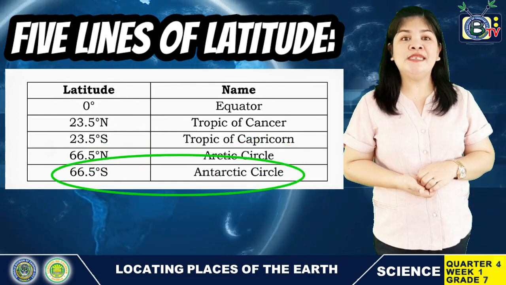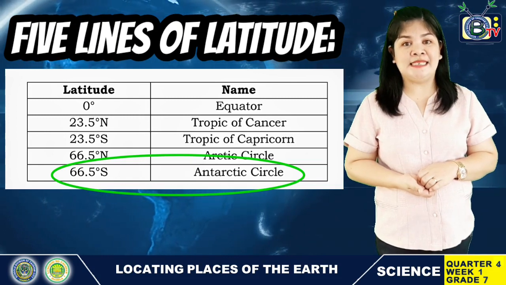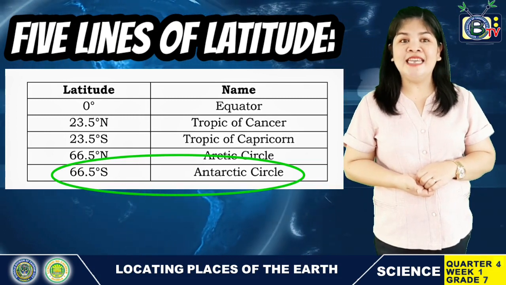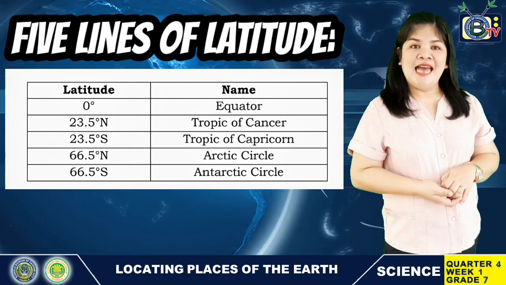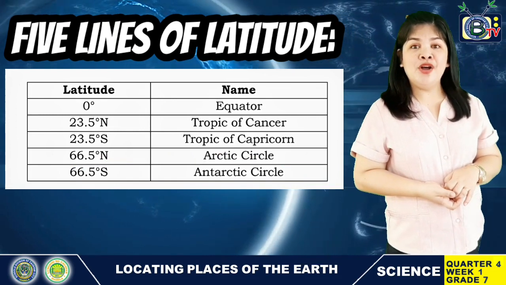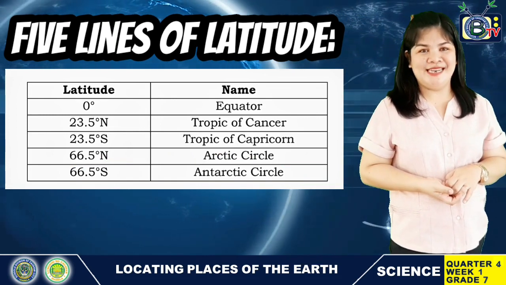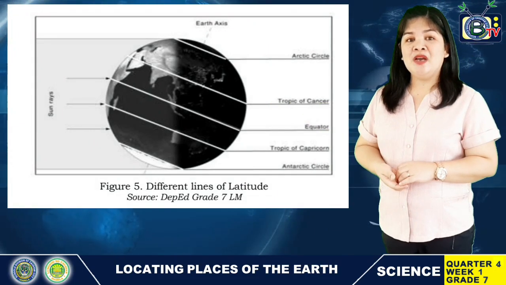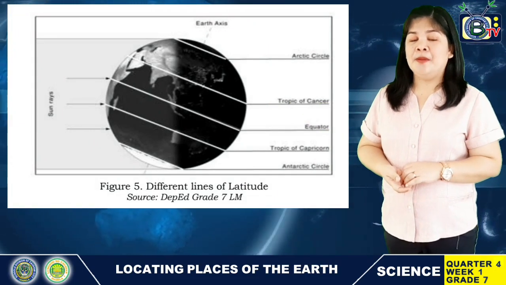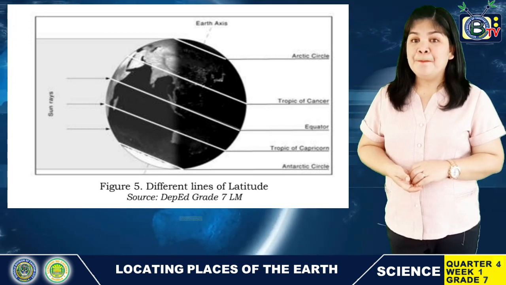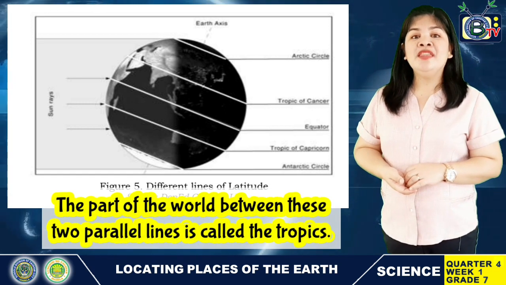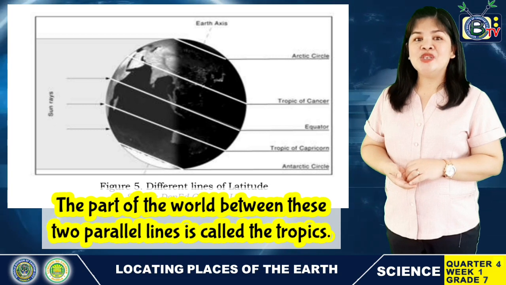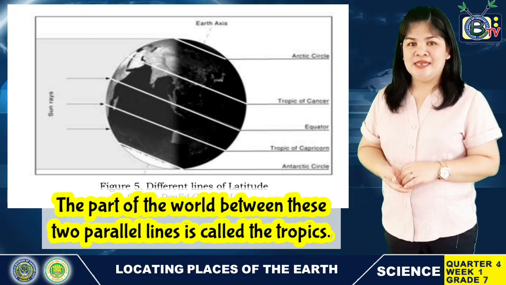And at latitude 66.5 degrees south, it is Antarctic Circle. The latitude values have been rounded off to the nearest half degree. Look at the figure and find the Tropic of Cancer and the Tropic of Capricorn. The part of the world between these two parallel lines is called tropics.